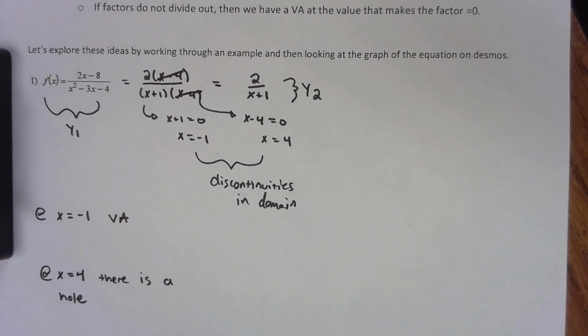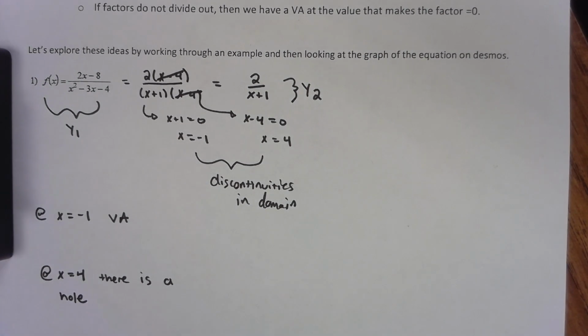Okay, so the first thing I want to point out, you'll notice that we're only seeing one graph here. That's because these are the exact same expressions. I shouldn't say equations, but they're the same expressions, right? The blue is what we simplified the original function to be. Now, what happens here is you can see this split in the graph, right in the middle. Well, that split in the graph, that's that vertical asymptote that we said was at x equals negative 1.